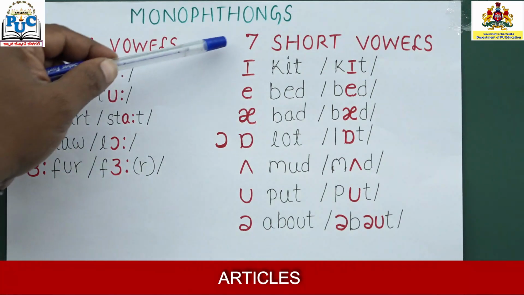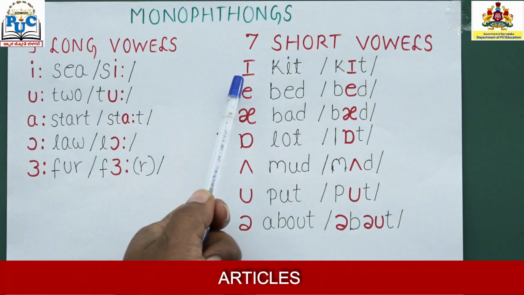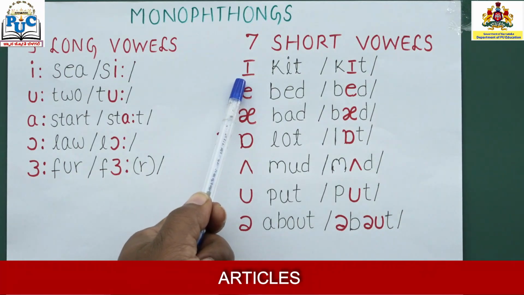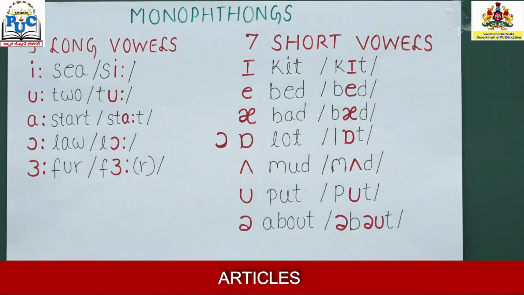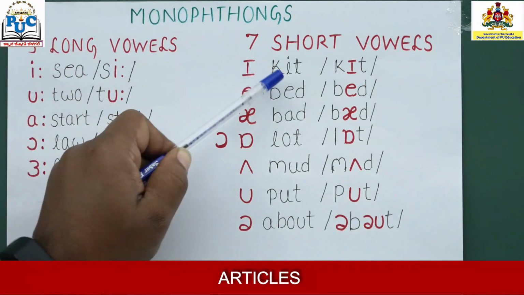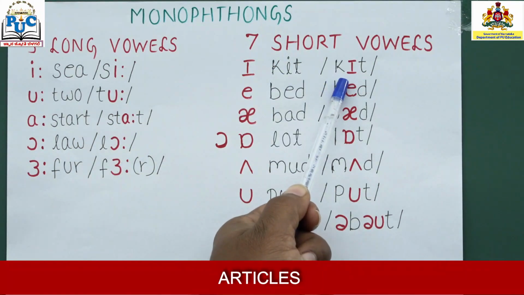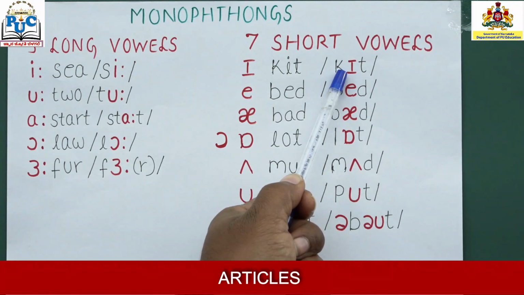Next, let's learn about the 7 short vowels. This is i. In English we say it is I, but it is not I, it is i, as in kit. I put it in red color.